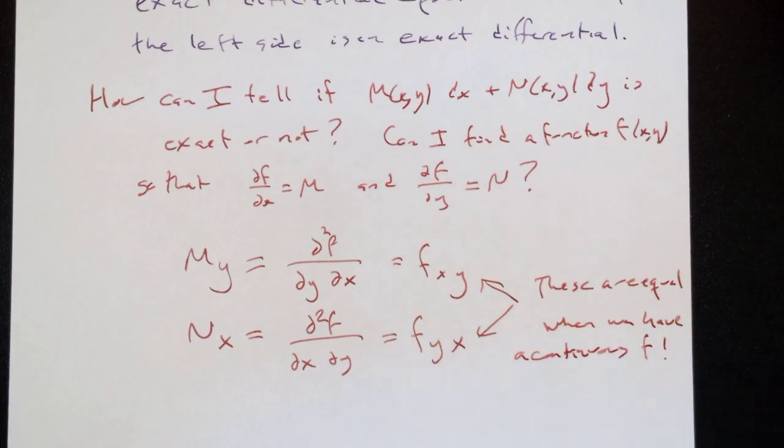So it turns out this is exactly the criteria I need. If I want to know whether or not my differential equation is exact, I need to know if those two things are equal.